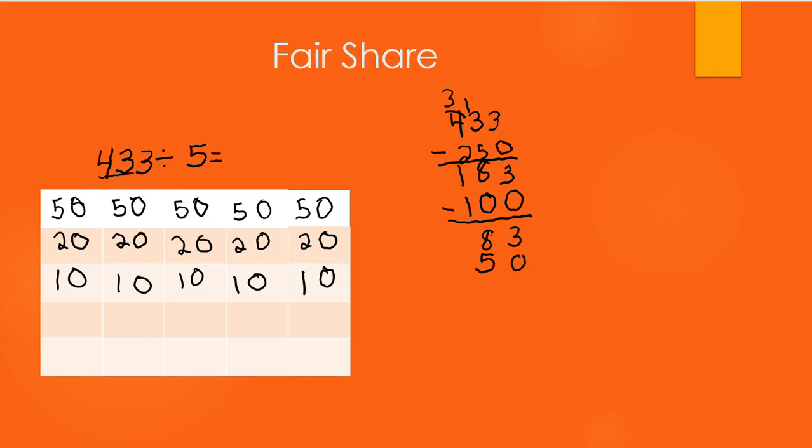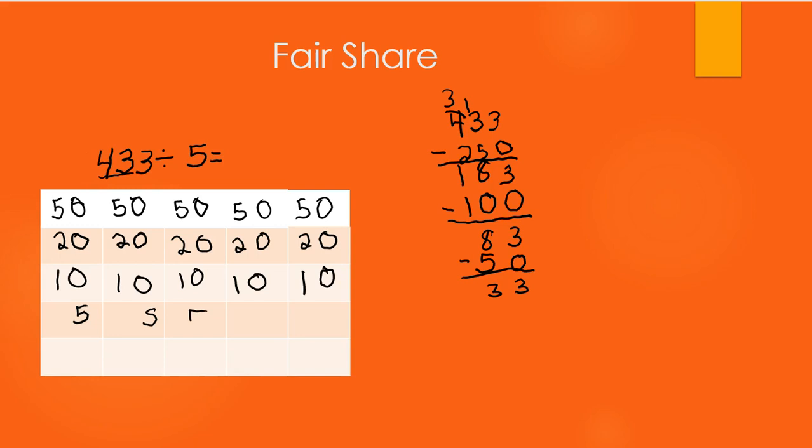So now I'm going to subtract 50 from 83, and I get 33. So now I want to look at my next number, which would be 5. So as you can see, 5, 2, 1, 50, 20, 10, 5. So we're following a pattern.